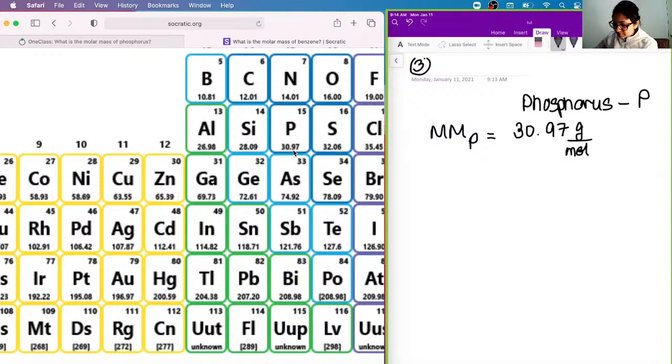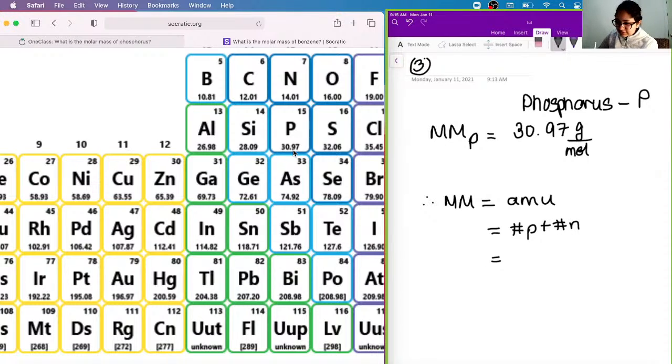However, as I mentioned in my previous questions, your molar mass is basically the same thing as your atomic mass, AMU. If you guys recall, to find your atomic mass unit, you calculate the number of protons plus your number of neutrons of that element. So in this case, let's say we're trying to find the atomic mass unit of phosphorus.